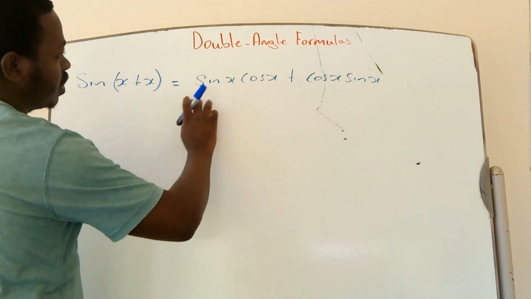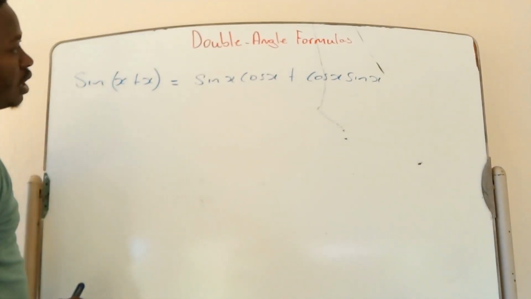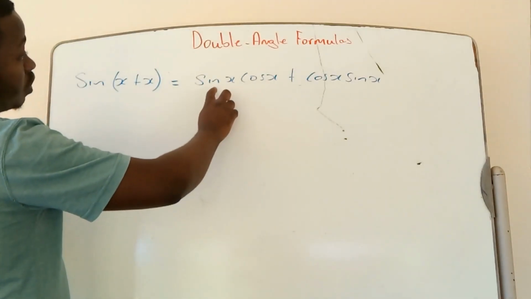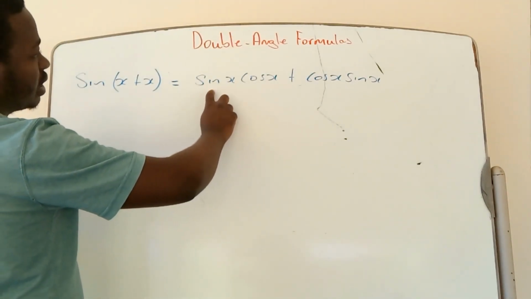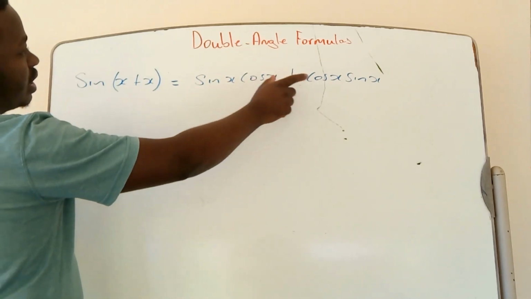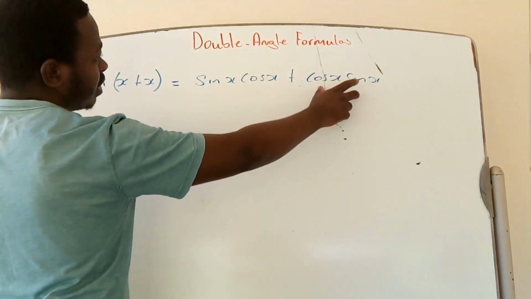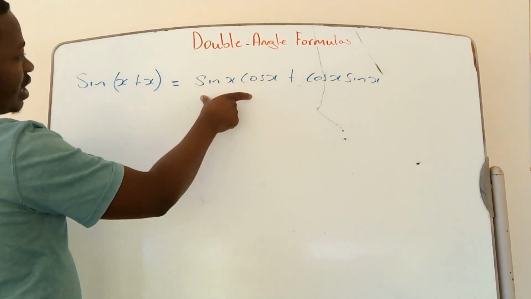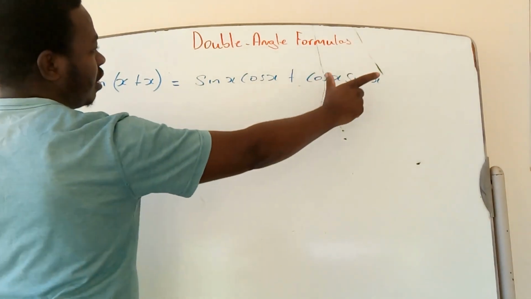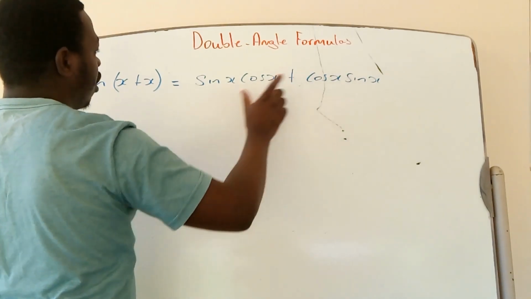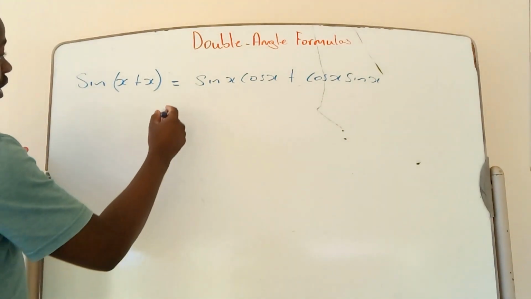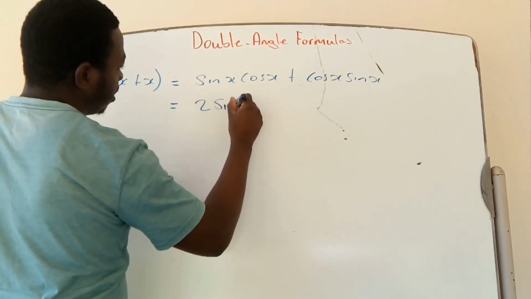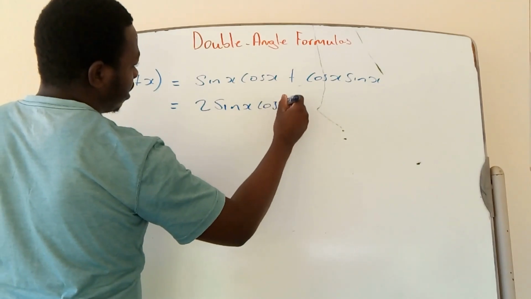If you try to simplify this, you can view this as 1 sine x cos x, and this is another sine x cos x, despite it being written cos x sine x. So if you have 1 sine x cos x plus another 1 sine x cos x, how much sine x cos x do you have? Then I can say 1 plus 1, that's just 2 sine x cos x, right?